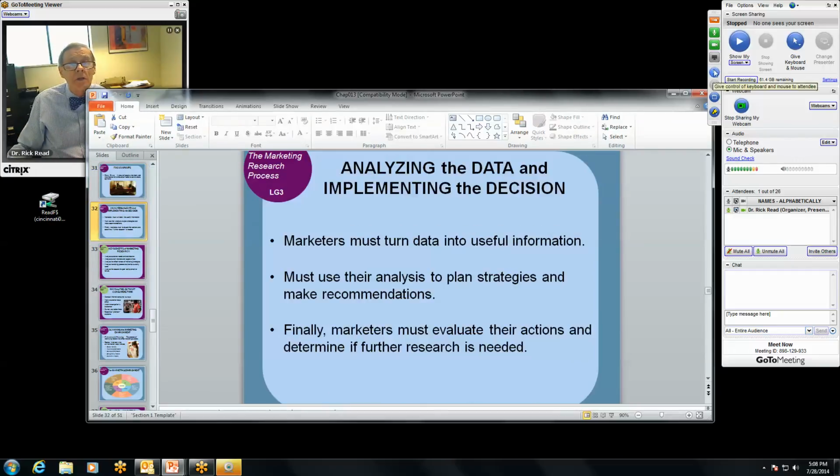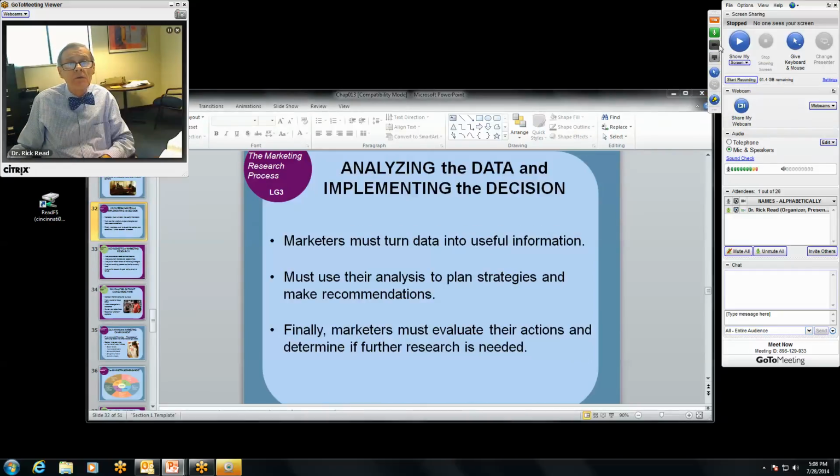Okay, so now, as we've talked about this before, but we're going to say it a little bit differently because the slide's here. Once we've gotten all this data, we have to turn it into useful information. So it has to be analyzed, and once the analysis comes out, then there have to be strategies based upon the analyses, assuming there is more than one, or there are a subset of the overall analysis.